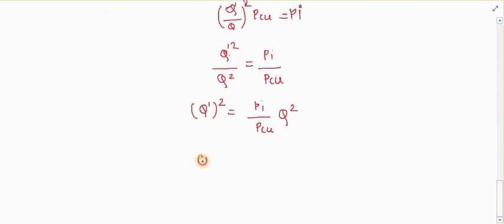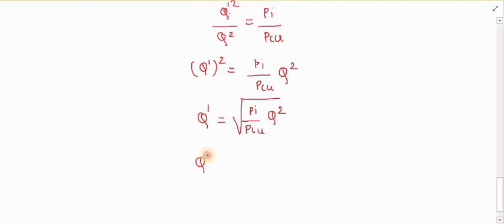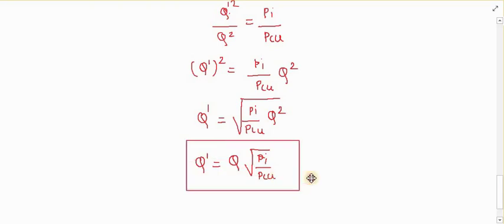So what is Q dash? kVA corresponding to the maximum efficiency equals under root of Pi upon PCU into Q square. So kVA corresponding to maximum efficiency equals full load kVA into under root of Pi upon full load copper loss, because I have considered PCU as the full load copper loss.